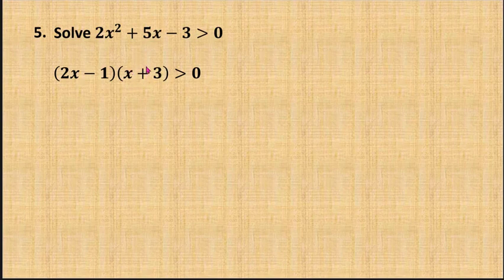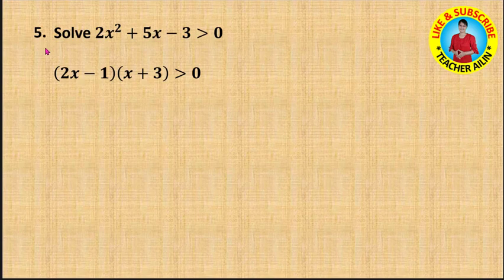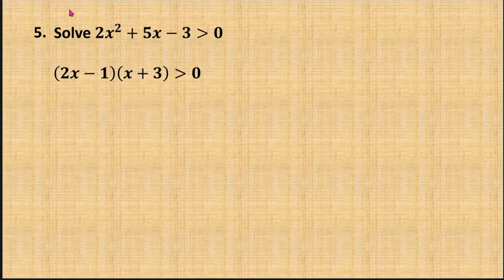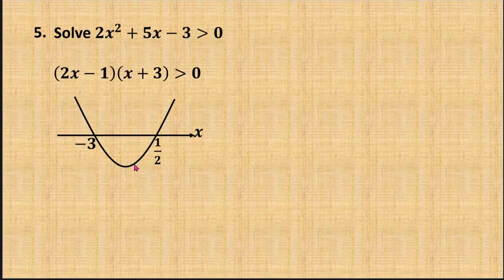One is negative 3 from the factor x plus 3, and another one is 1 over 2 from the factor 2x minus 1. Since the coefficient of x power 2 is a positive value, the graph is a U-shape. Based on this information, I can sketch the graph.